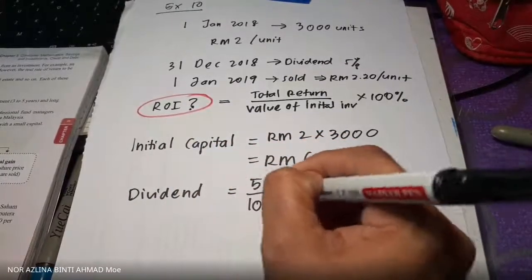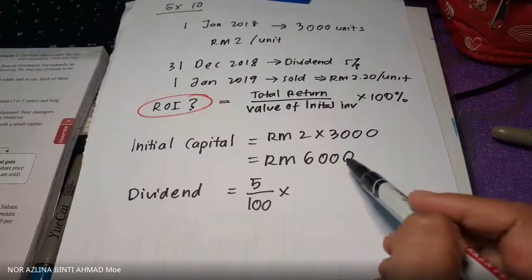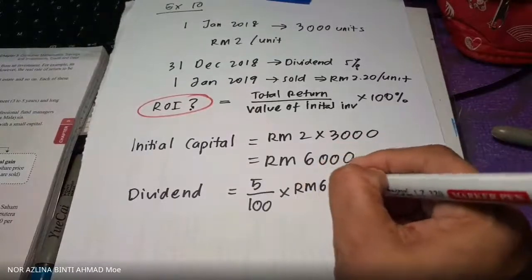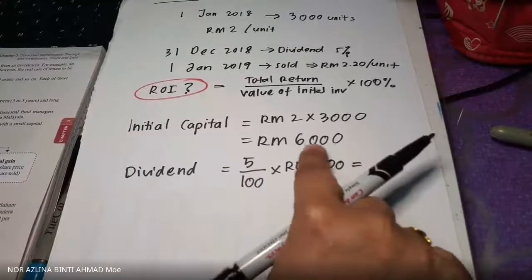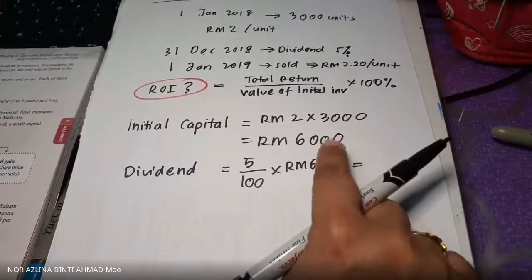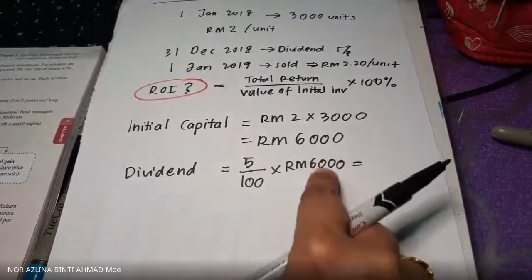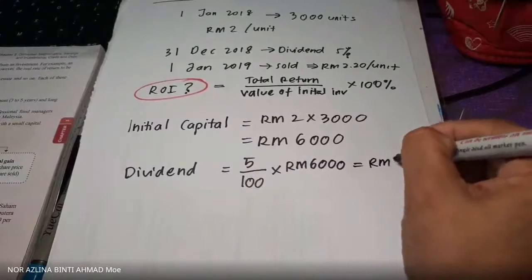So daripada berapa? Daripada total initial capital tadi, daripada nilai awal. So 5/100 multiply 6,000. Dia dah beli share tadi RM6,000. So dividend dia dapat 5% daripada RM6,000. So the dividend is RM300.